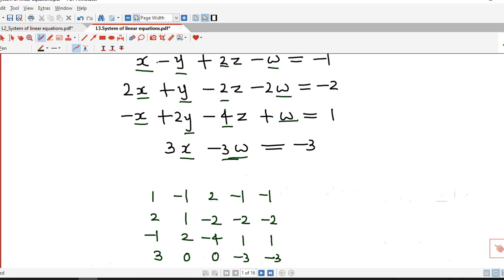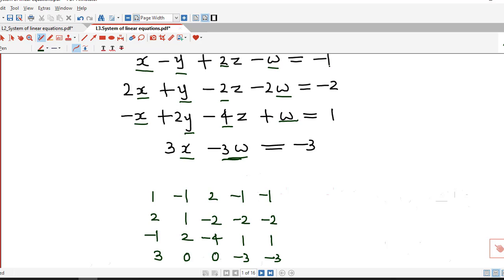So let me check again. Coefficients of x are 1, 2, -1, 3. Coefficients of y are -1, 1, 2, and there is no y here, so 0. Coefficients of z are 2, -2, -4. There is no z in the last equation, so we put 0. Coefficients of w are -1, -2, 1 and -3.